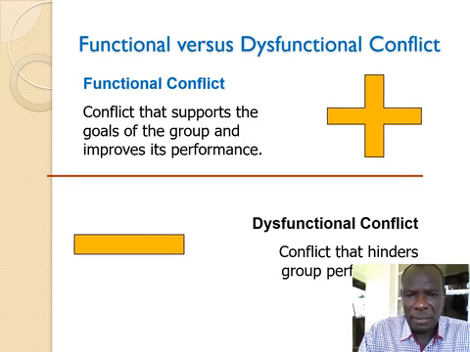So there are some good conflicts, and we're going to look at that in detail, and there are bad conflicts that are called dysfunctional. They are destructive, they are counterproductive, but there are conflicts that are good, because life without conflict is not possible.